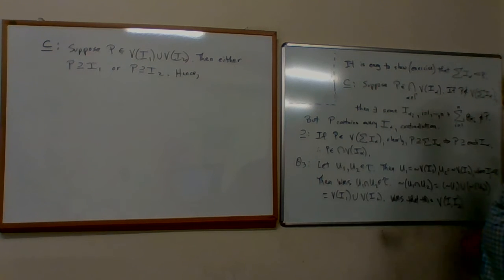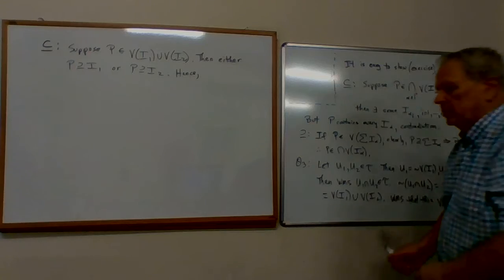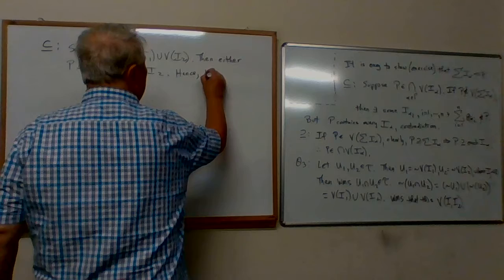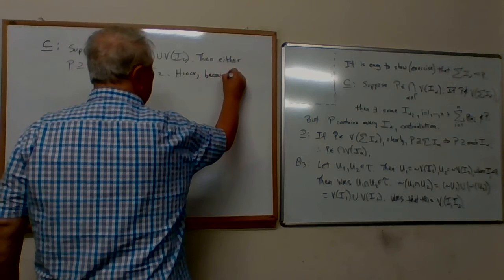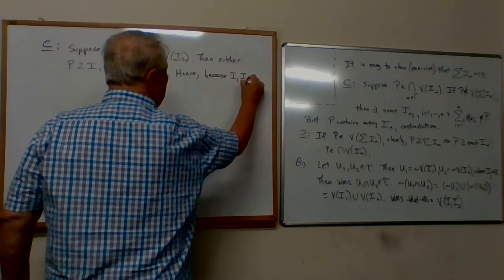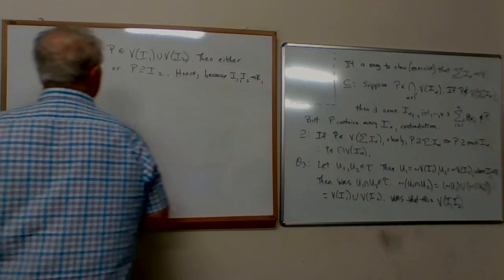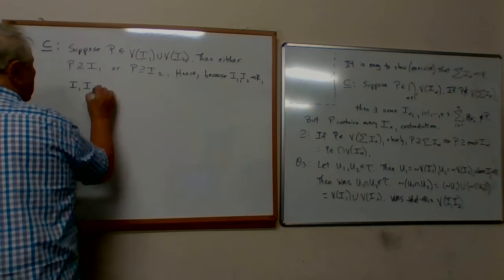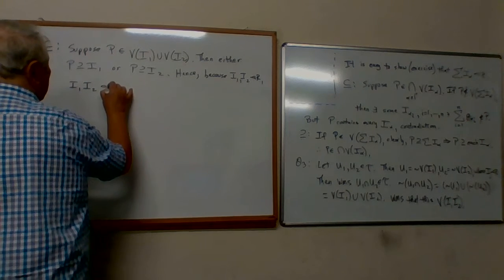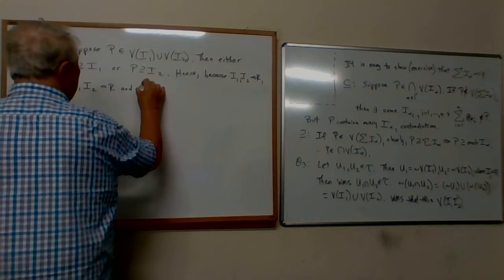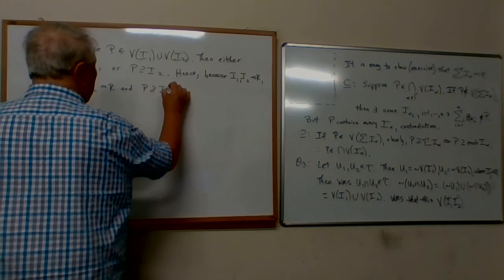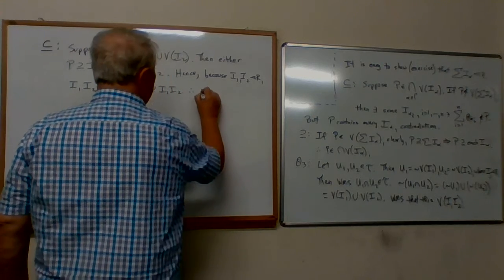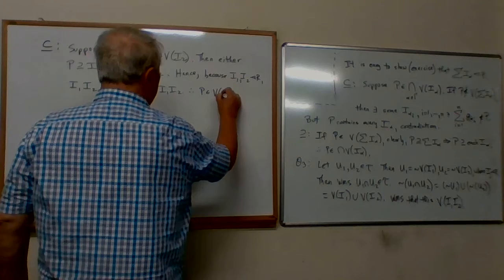If P contains I2, then P contains I1 I2. So because I1 and I2 are ideals, I1 I2 is an ideal and P contains it. Therefore, P lives inside that variety.